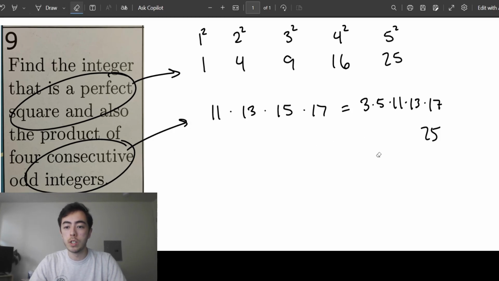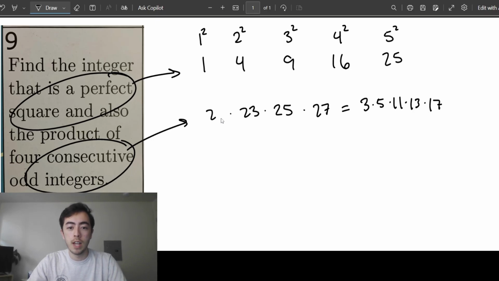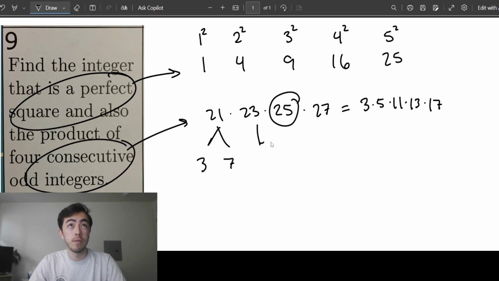So maybe we could try getting, say, a 25 here instead. Ooh, there we go. Now we have 2 5s. Let's see what happens here. We would have to get other odd numbers around it, something like this. Now we're running into another issue: we solved our 5s issue, but we have the same issue with all of the other odd prime factors here. 21 can be split as 3 and 7. 23 itself is prime, and 27 is 3 cubed.